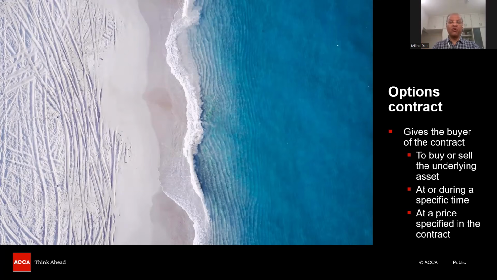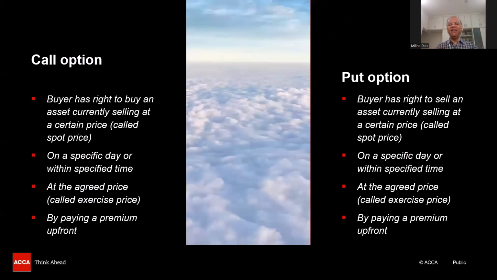And the price of the contract, which is typically called premium, option premium, is payable by the buyer to the seller, and that's payable upfront on signing of the contract. You would have obviously learned two types of contract. A right to buy anything is call option, and right to sell anything is a put option.